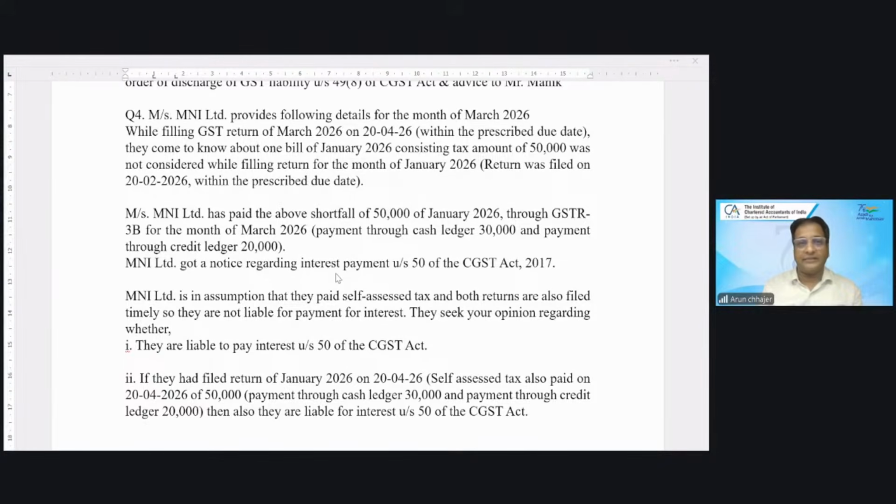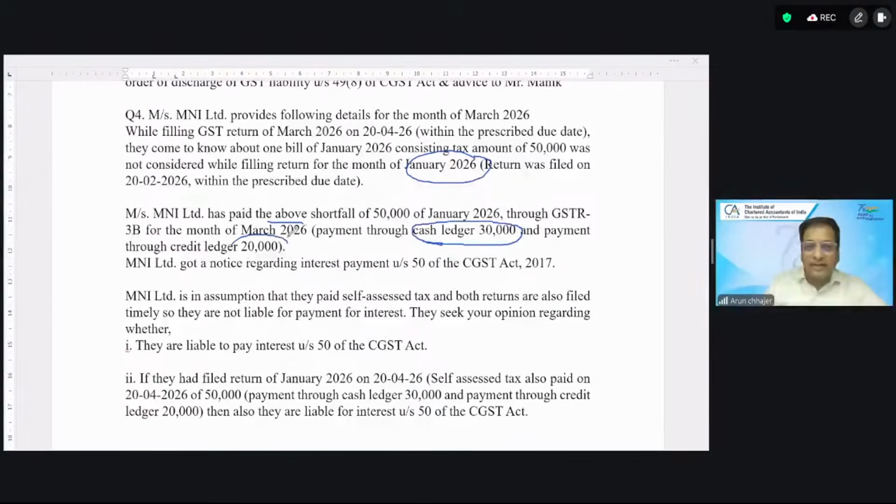Question 4 is important. When they are filing the return of March, then they have added this bill of January, ठीक है? They have paid this amount through cash ledger 30,000 and payment through credit ledger 20,000.